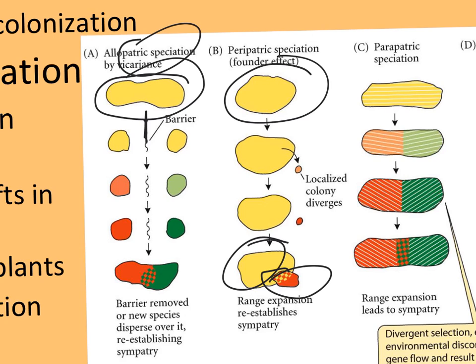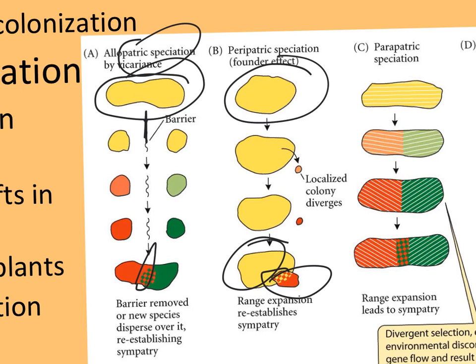And the same thing goes here. So let's say you have this mountain range, and eventually over time, it's ground down, erosion, and then these two separate species now come back together. And again, they might form like a hybrid zone, or they might stay completely a separate species.